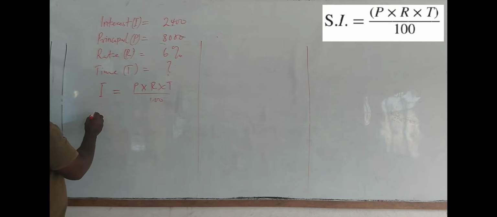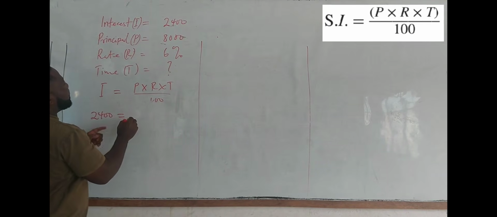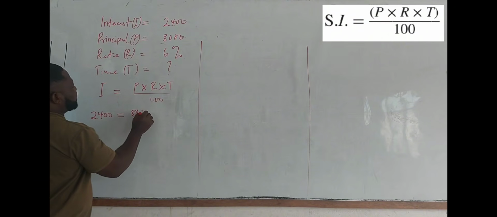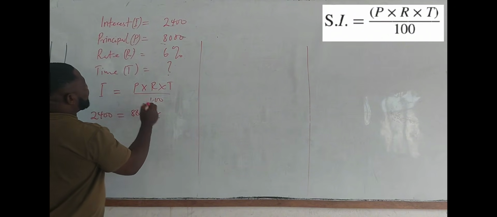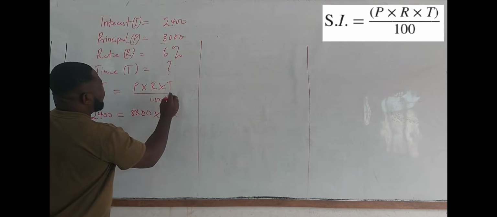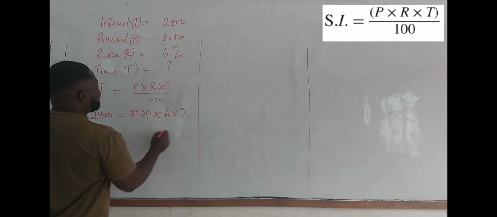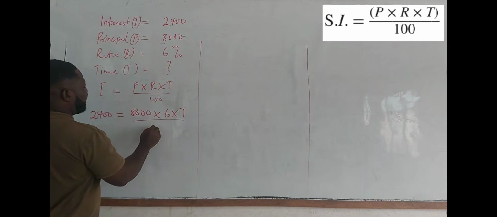So we have 2,400 being equal to the principal, which is 8,000, times the rate, which is 6, times the time, which is t. Let's say time is t, we don't know, so we put t over there, all over 100.